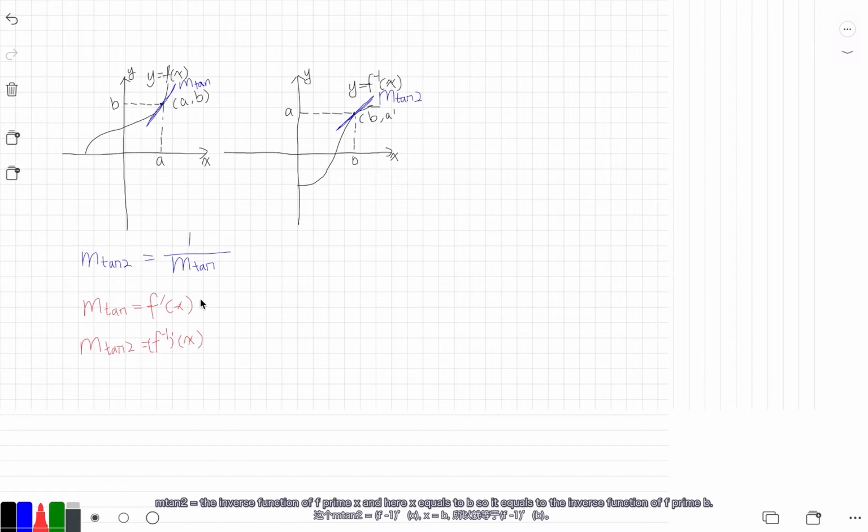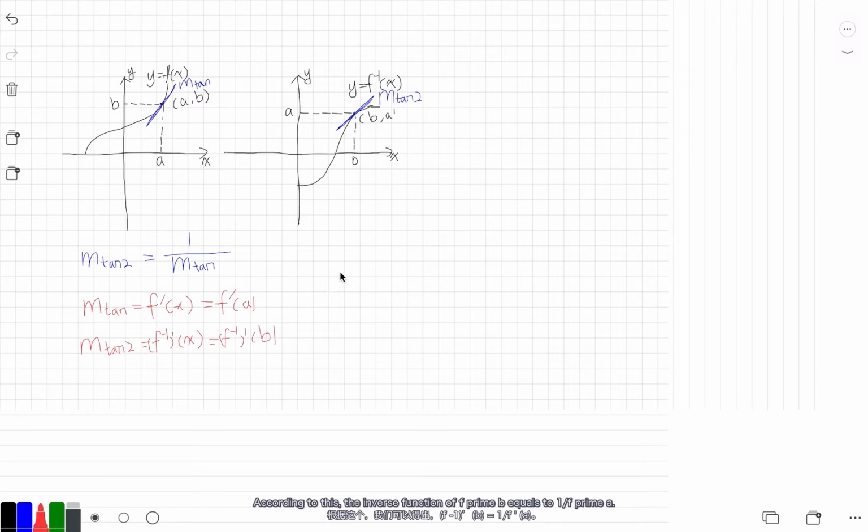Because here x equals a, m tangent equals f prime a, and m tangent 2 equals f inverse prime b.